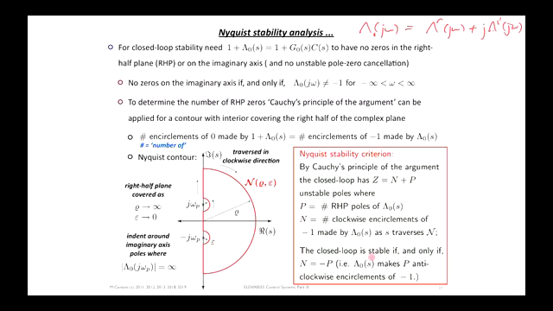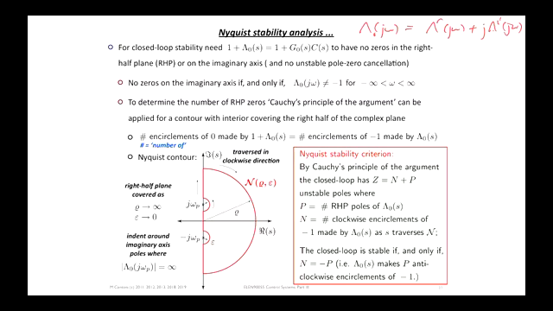So the closed loop is stable if and only if the number of encirclements of -1 made by this as S traverses this so-called Nyquist D contour is equal to -P. If the open loop has no unstable poles, P will be 0.